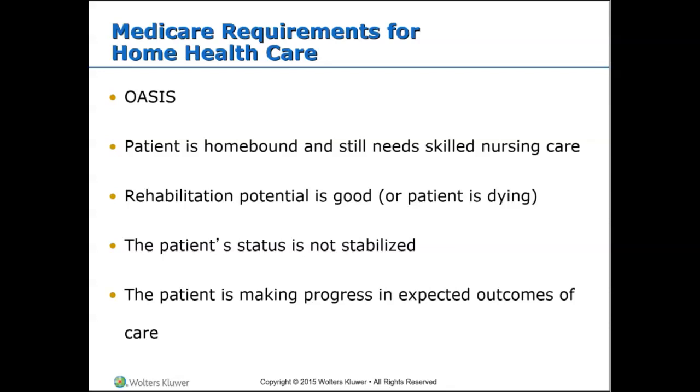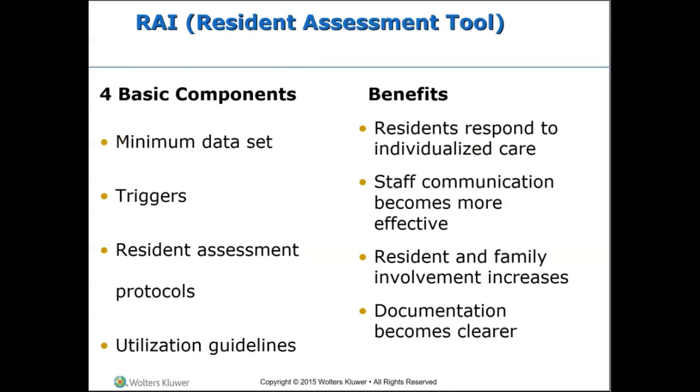The nurse also completes a progress note with every one of their visits. The information needs to include the patient's homebound status, the patient's physical condition, the care the nurse provided, and the patient's response to the care the nurse provided, and also the need for continuing care, or if they don't need continuing care, we can do a discharge plan.